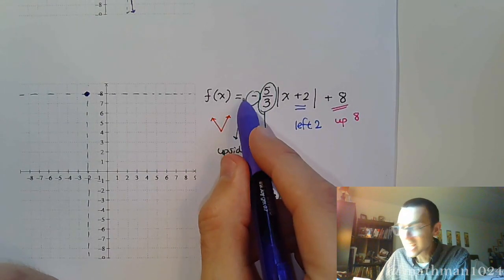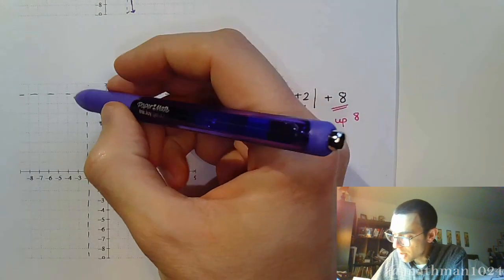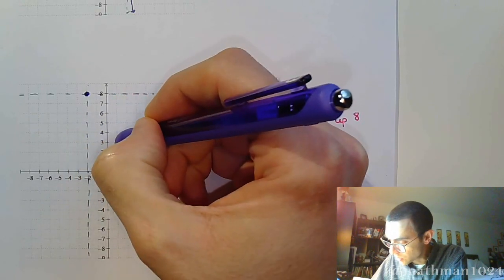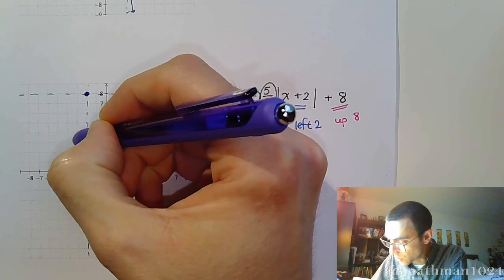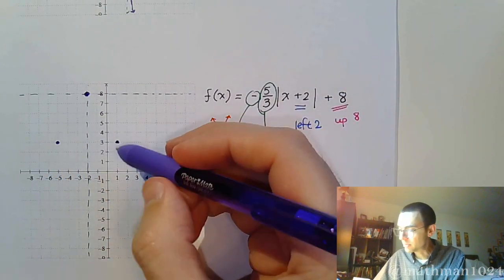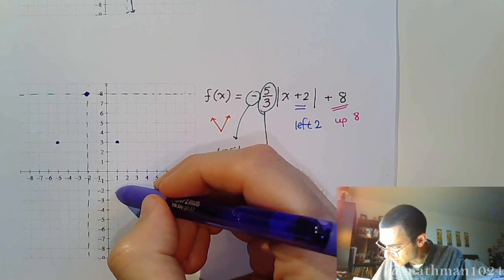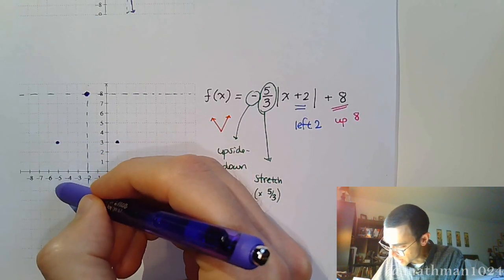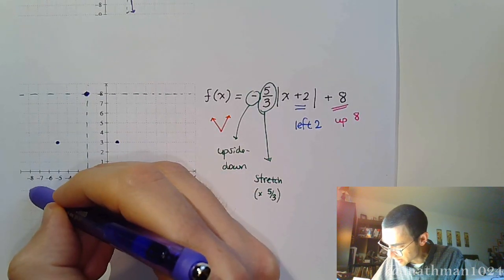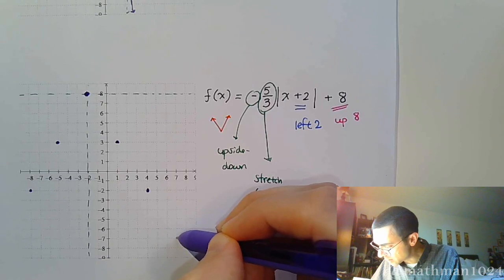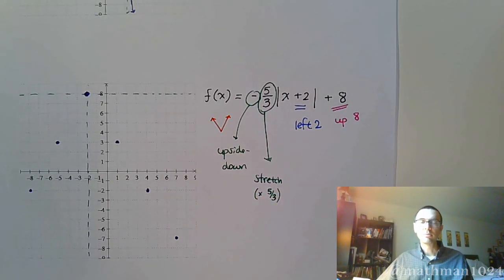So using this negative 5/3 in front, from here, you're going to go down 5, 1, 2, 3 to the right, and 1, 2, 3 to the left. And do it again. Go down 5 and over 3. From here, go down 5, over 3. And you keep on going until you run out of room and you can't fit any more points on there.